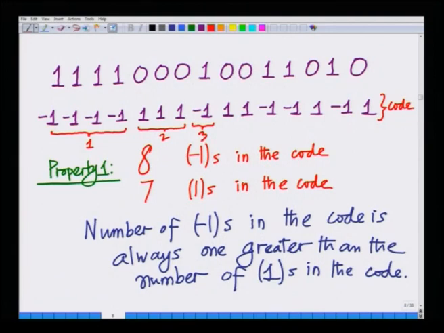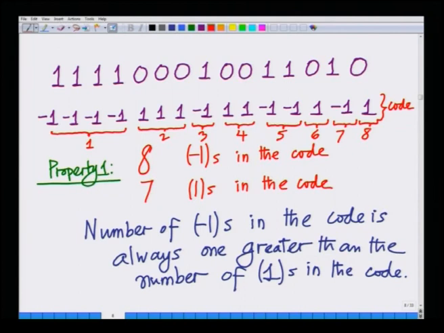So, that is the third run. Then I have one run of 2 plus 1s, that is the fourth run. Then I have one run of 2 minus 1s, that is the fifth run. Then I have one run of 1 1, that is 6, one run of 1 minus 1, that is 7, one run of 1 1, that is 8.